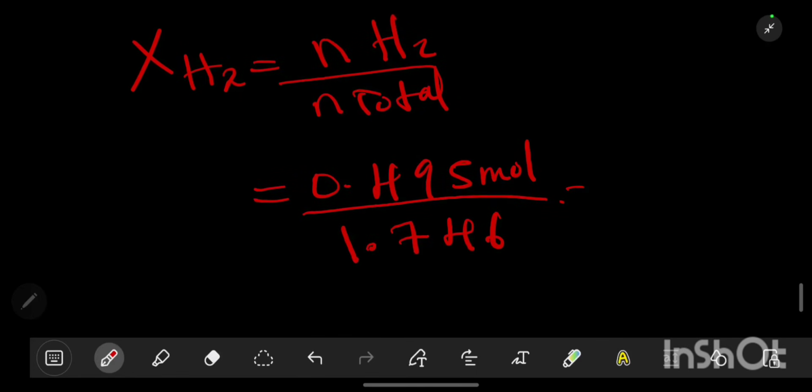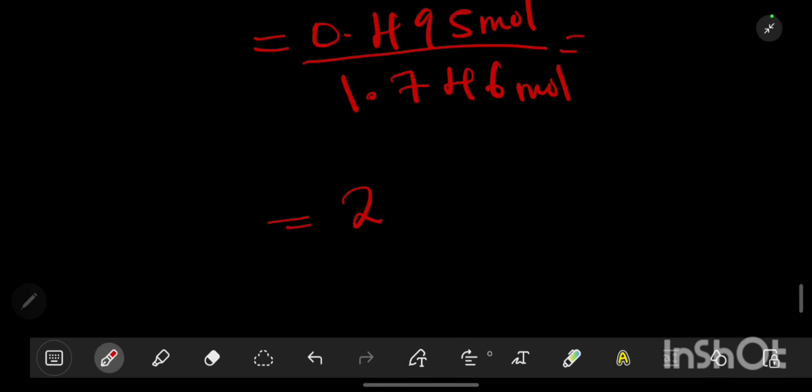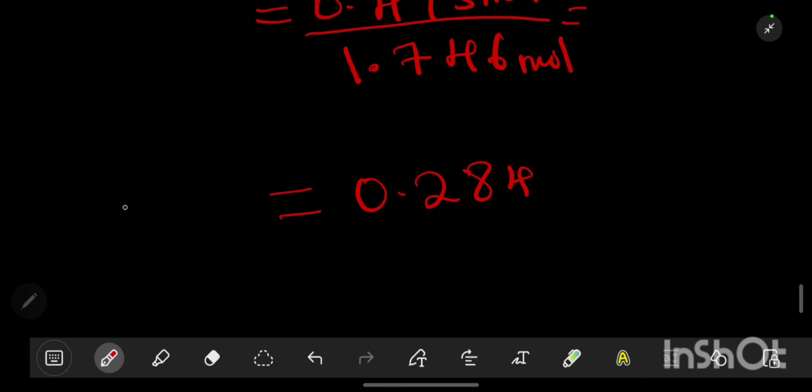Then when we divide, 0.495 divided by 1.746, this is going to give us 0.284 rounded off to 3 significant figures. So this is our mole fraction of hydrogen.